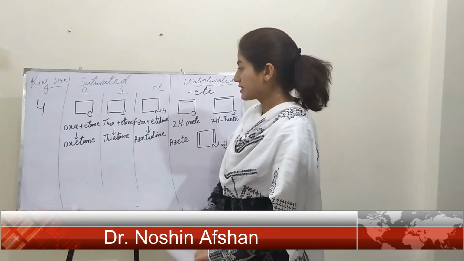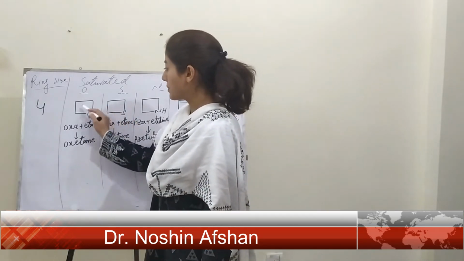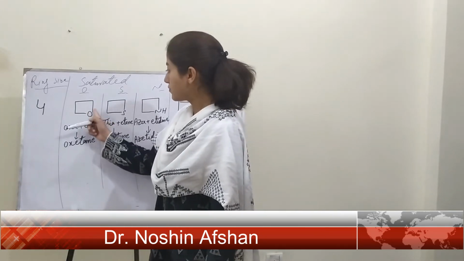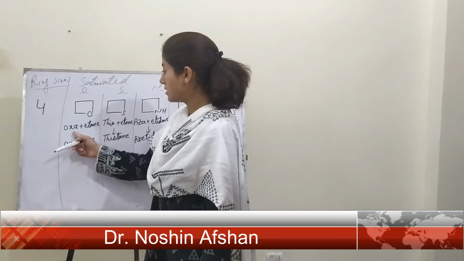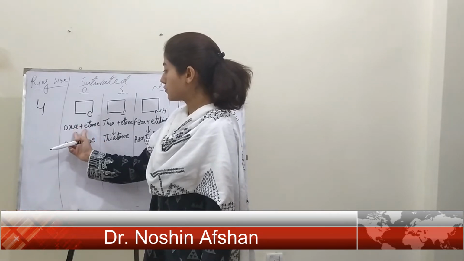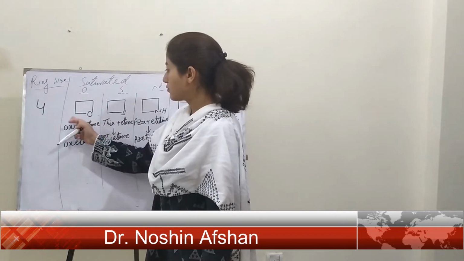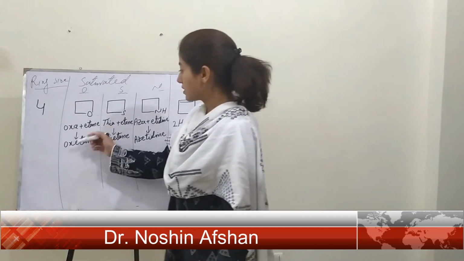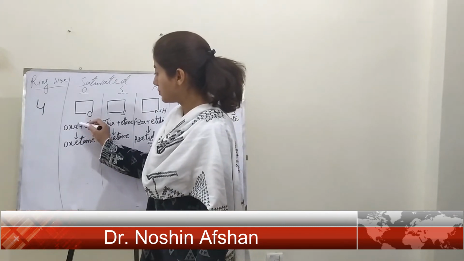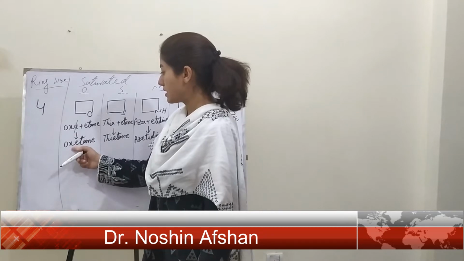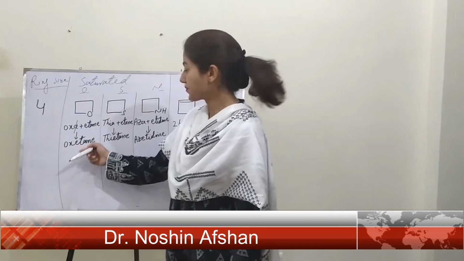And in this case, if there is the four-membered ring with oxygen as the heteroatom, the name of this saturated system would be, as it consists of two parts, oxa for oxygen and ethane for this four-membered ring. So the final name would be, here A would be omitted, oxetane.